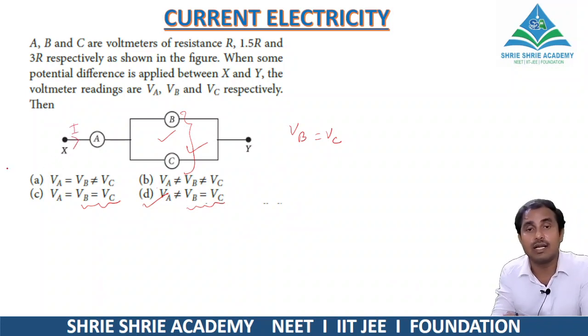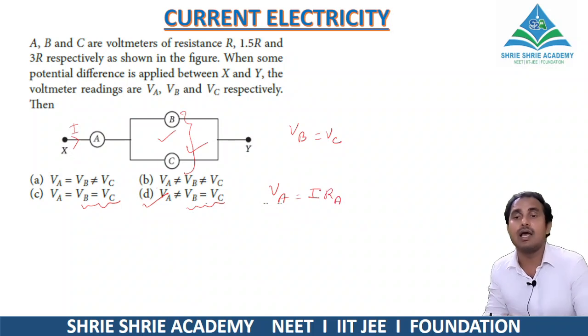So first let us say the total current is I. Then we can say that the voltage across A is equal to current into resistance of A, IR.